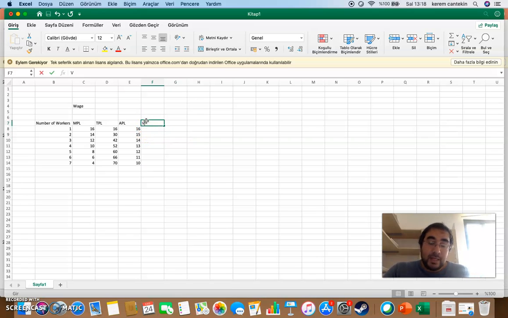Now, value of marginal product of labor. This will be determined by the price of what you produce. Let's say price is $2 and wage is $10.